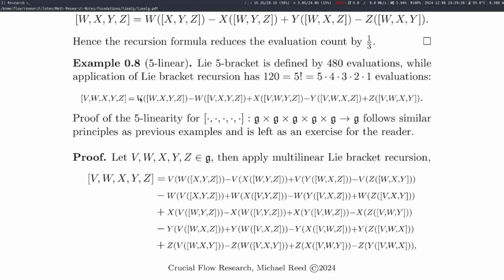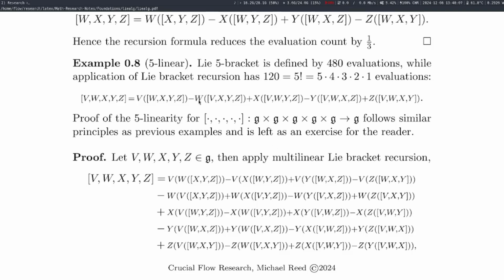So v of the 4 bracket w, x, y, z is expanded into these 4 terms: v of w of the trilinear bracket x, y, z minus v of x of the trilinear bracket w, y, z plus v of y of the trilinear bracket w, x, z minus v of z of the trilinear bracket w, x, y.